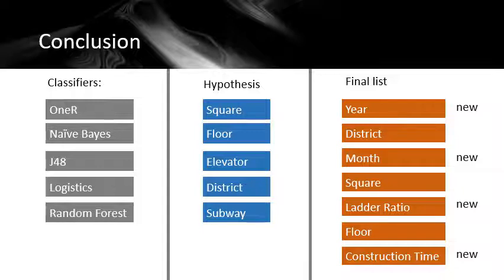However, beyond our expectations, subway and elevator seem to have little importance in classification. For example, when we remove the subway and elevator, the accuracy only decreases around 1.5%, but 7% accuracy will decrease due to the removal of month.